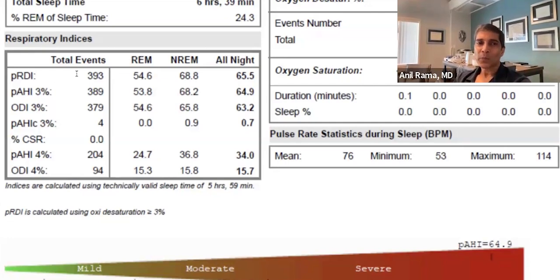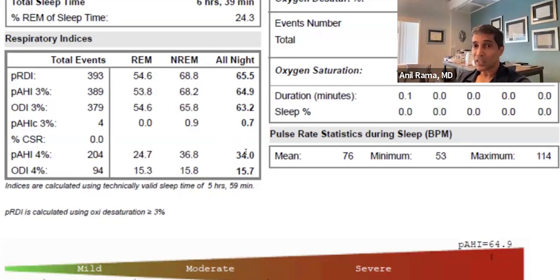What I find with the WatchPAT is that when that AHI is very high, the RDI is usually close to it. But when the AHI is low, then there's more room for the RDI to be higher. And so basically, they're the same. So taking this away, this person would have severe sleep apnea at the surface. It's not worse during REM sleep.